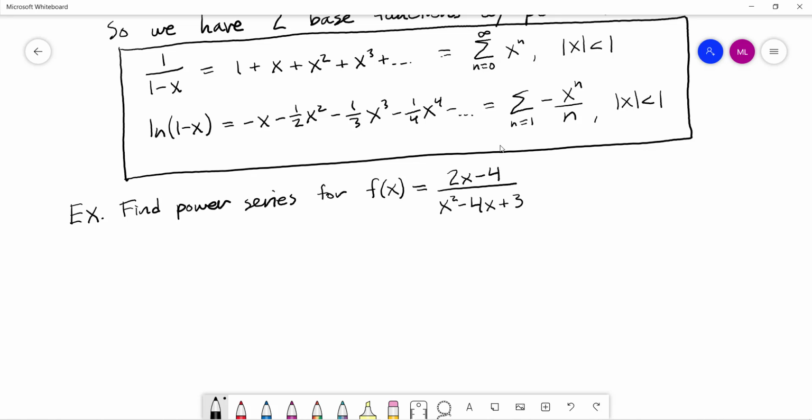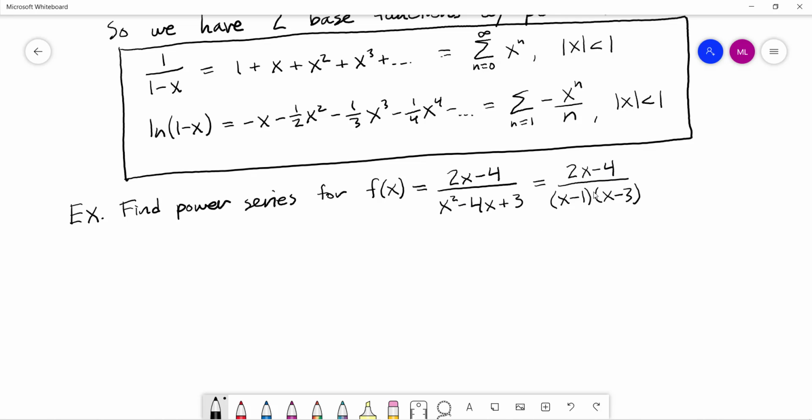Okay, one thing I want to notice is that we can factor the denominator of this a little bit here. So I can rewrite this as, in fact, we could factor the whole thing, it doesn't really matter, but I'll leave this as 2x minus 4 on top, but we could write it as 2 times x minus 2 if we wanted to. But the denominator factors, two numbers that multiply to give me 3, add to give me negative 4, are going to be x minus 1 times x minus 3. So here's an algebraically equivalent form of our f of x.